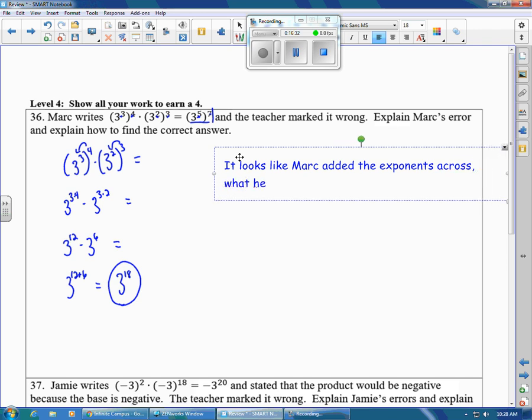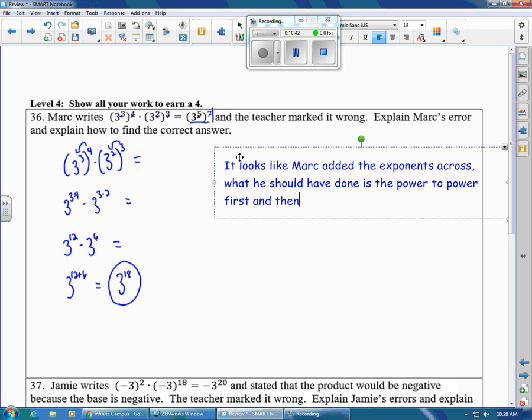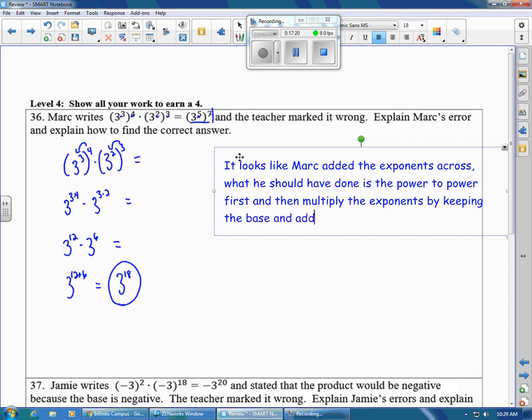What he should have done is the power to power first, and then use the power to power and then multiply the exponents, keeping the base and adding the exponents.